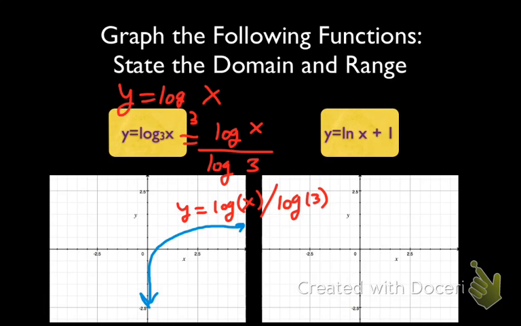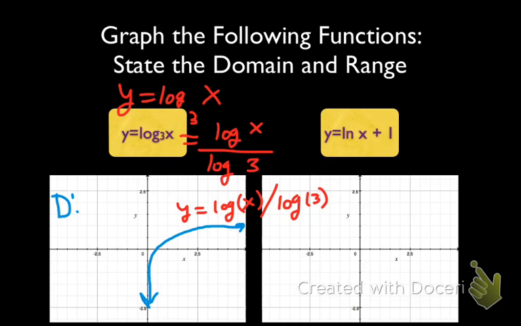Alright, so hopefully you got something like that graph in blue. And when we think about the domain and range, obviously we're going to do the domain first. The domain is all x values for which there's a corresponding y value. In other words, look at the x values. If there's no graph at that x value, then it's not in the domain.